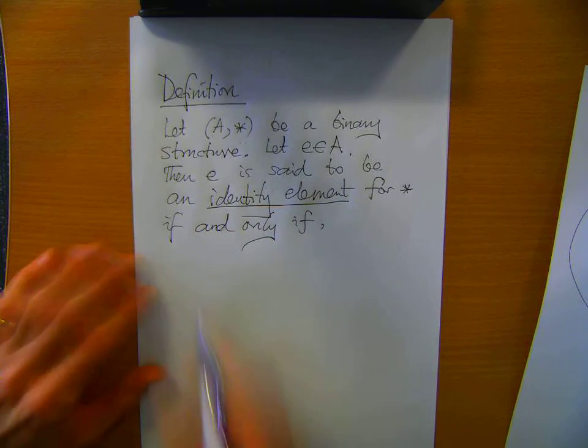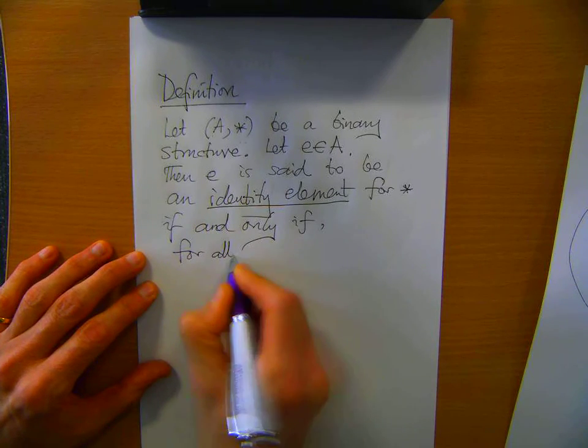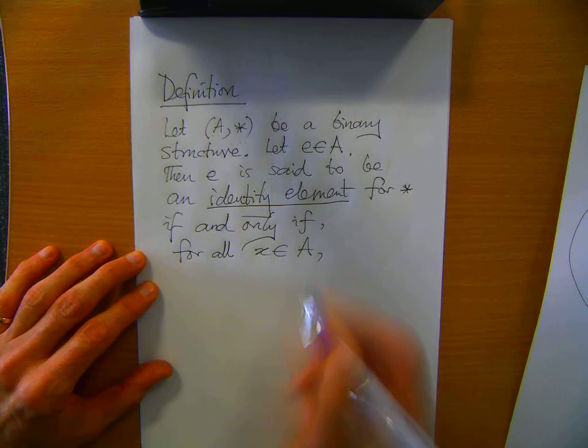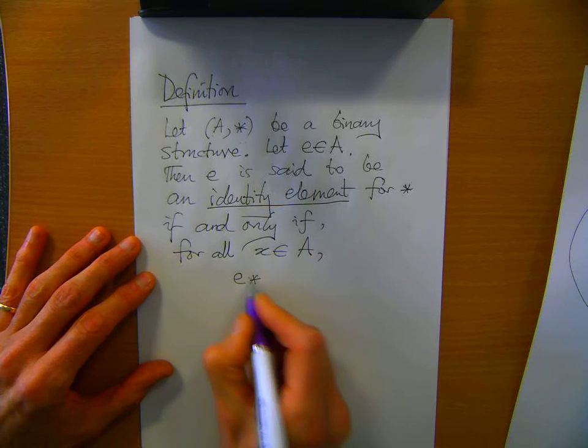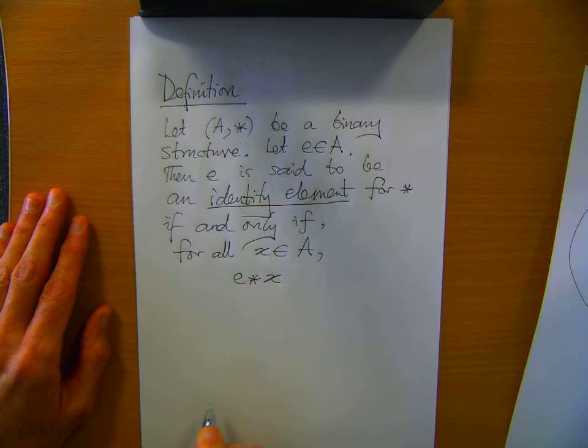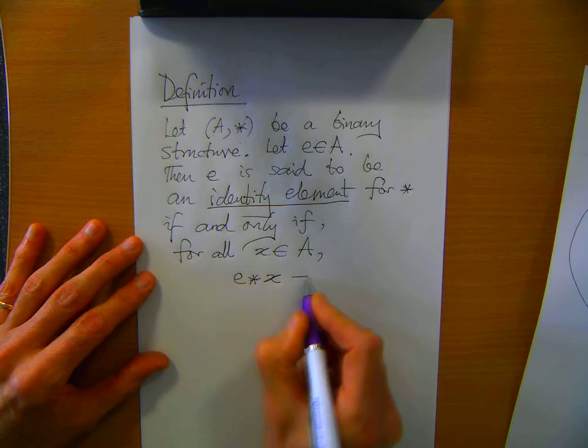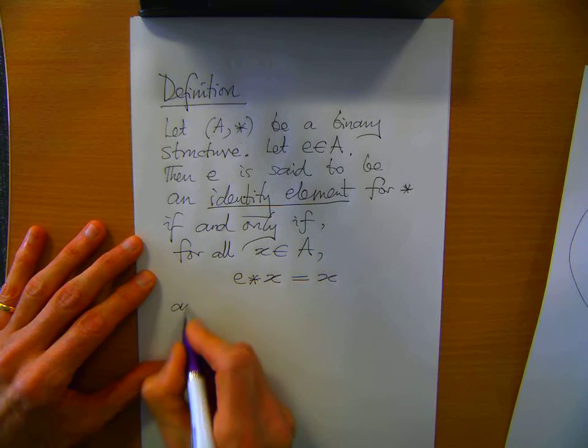No matter which X in A you pick, if you combine X and E using the binary operation, in either order, you just get X back. So that's two equations.